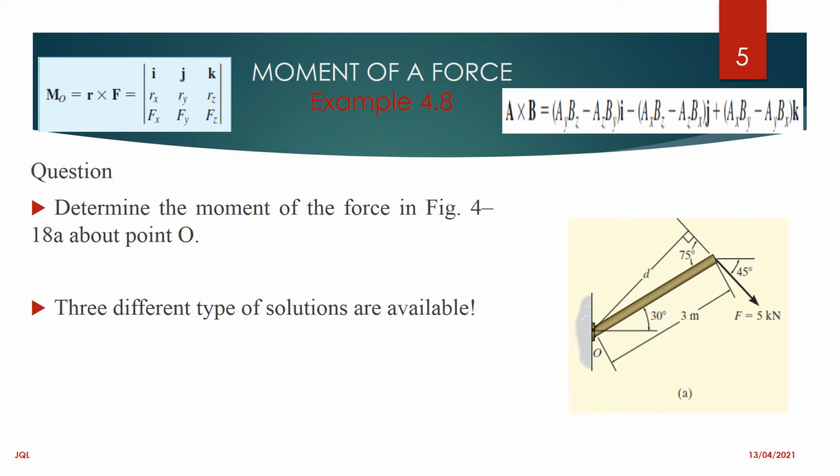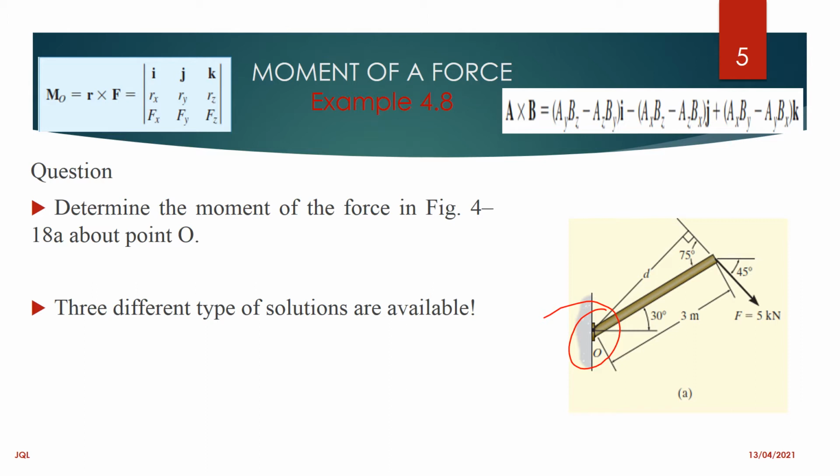Another example. Determine the moment of the force about O. You can solve this problem using two methods. One, you can use R, or you can use D. D is a perpendicular distance to where the force has been applied.